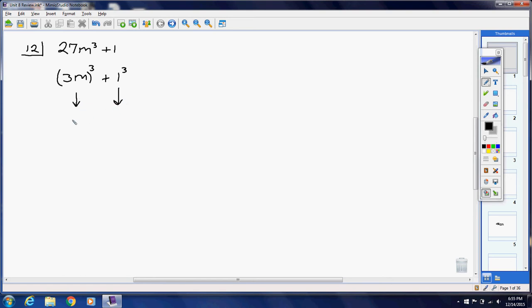The sum of cubes says that a cubed plus b cubed equals a plus b times a squared plus ab plus, whoops, I wrote that down wrong, a squared minus ab plus b squared.